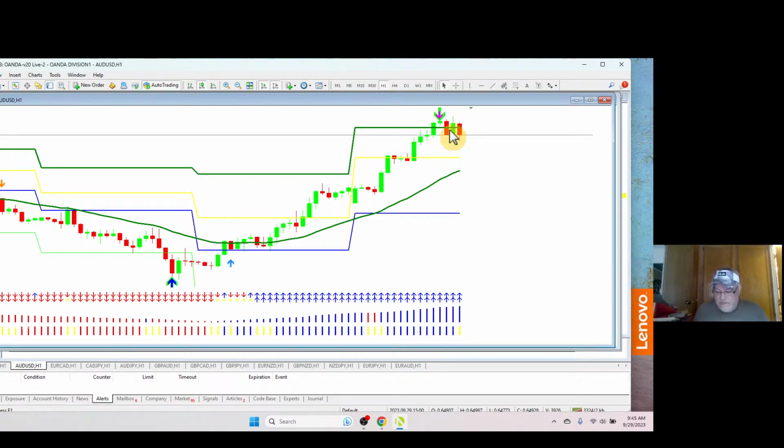We're moving the Aussie dollar stop down to the high of that candle, which is just 1 pip from the high of that candle. So it saves me 50 cents. So now I'm down to a $4.50 risk on the Aussie dollar.